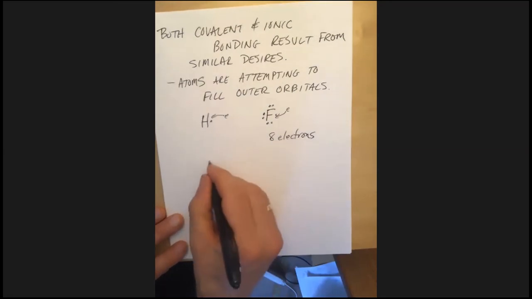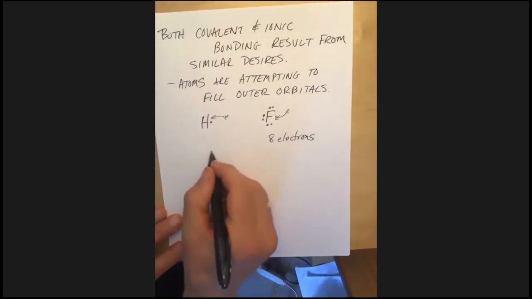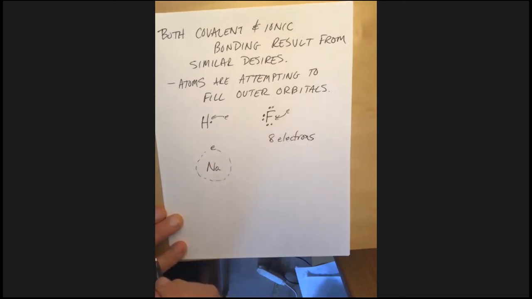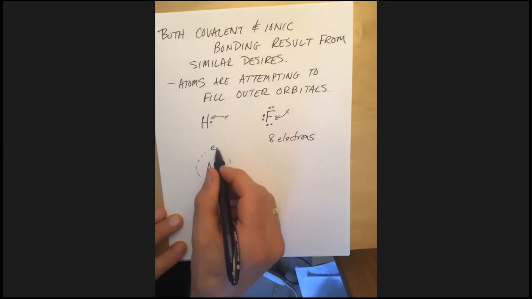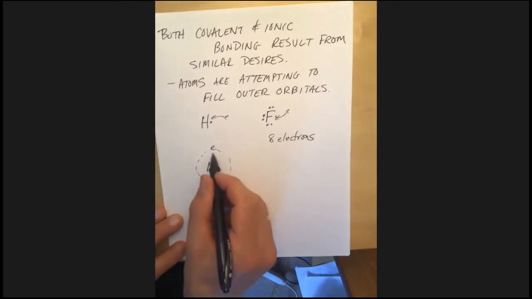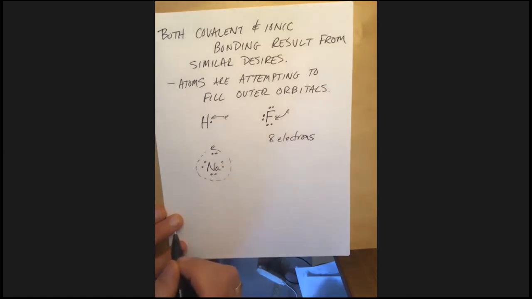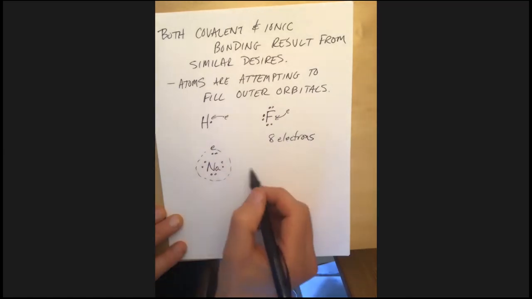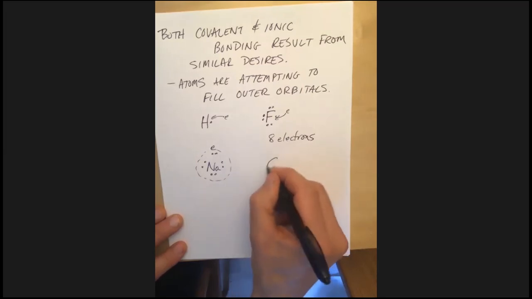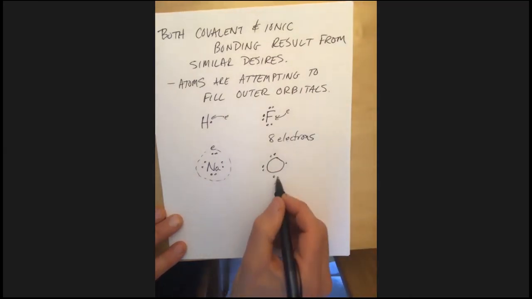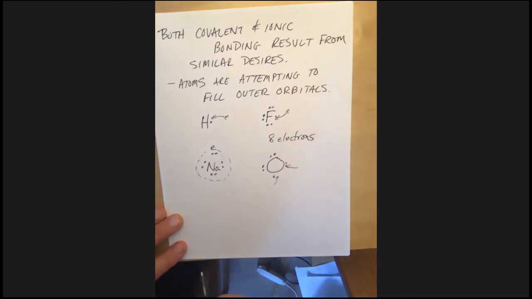In the case of sodium, sodium has 1 electron in its outer orbital, and it's trying to empty that one out so that it has 8 electrons inside. In the case of oxygen, 1, 2, 3, 4, 5, 6, depending on how we draw it, it's trying to get 2 electrons to fill those 2 spots.